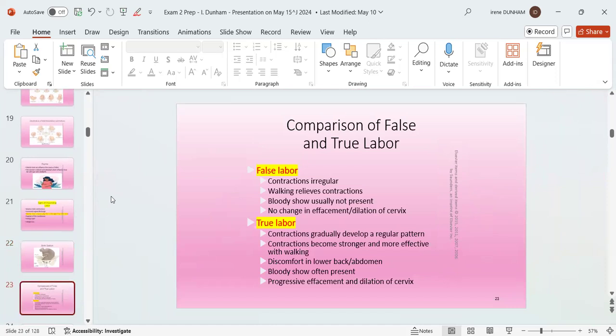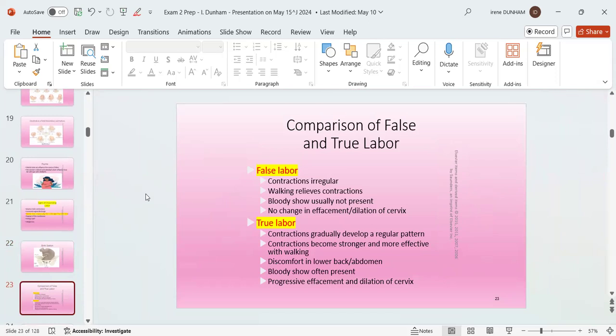All right, I put a slide together showing the comparison of false and true labor, because I talked about this a little bit earlier. We talked about contractions. For instance, I'm the nurse in triage, assigned to triage for the shift. A patient comes to me and thinks she's in labor.